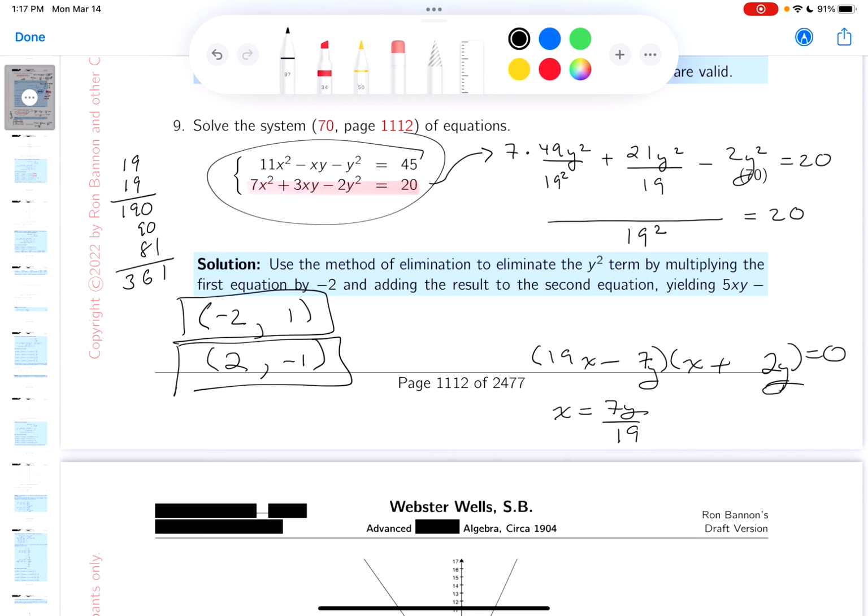All right? Gee, what's 7 times... But you know, I'm going to write it on the side for you. 391... I'm sorry, 361, my error. 361 is 19 squared. I get my eraser out. Now I got to do 7 times 49.